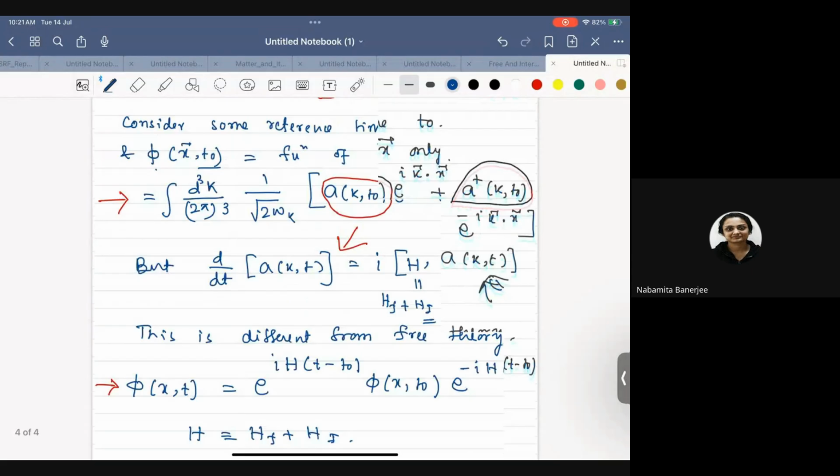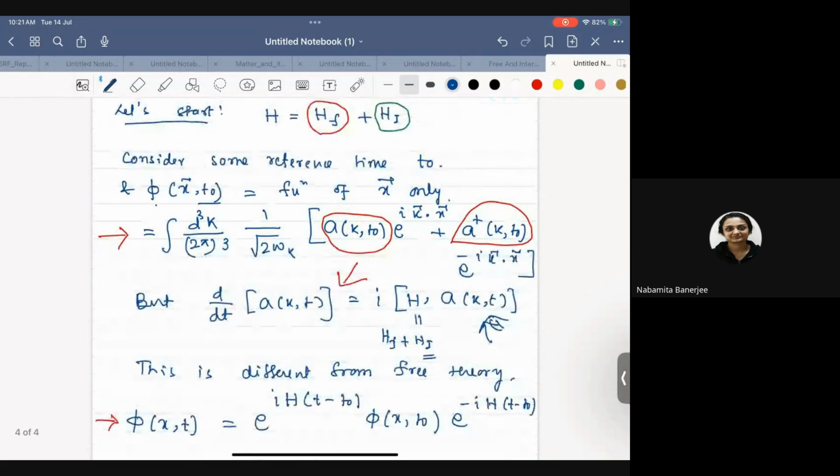Because they are vectors, no? And this I'm writing just for the 3-vector dot product. It becomes the 4-vector dot product when we take out the t dependence from a and a dagger. That you could do very easily for your free theory. Now you cannot do it. So now it's really a 3-vector product and not a 4-vector product. Okay.